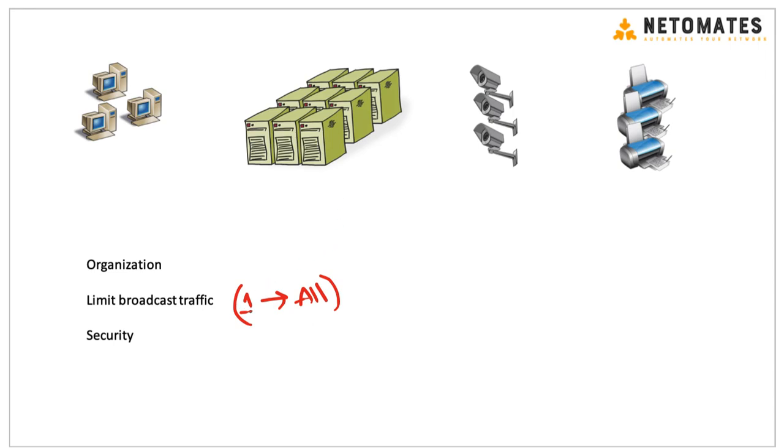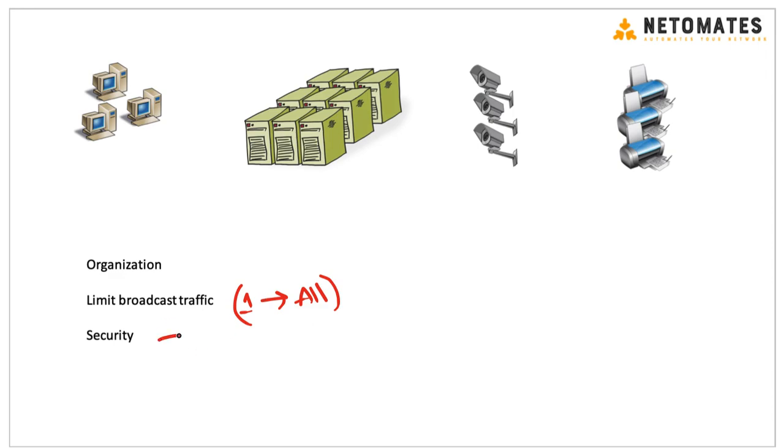We don't want that, so we want to limit broadcast traffic within some devices or some IP addresses. So that is another reason to have IP addresses in the form of groups instead of scattering everywhere.